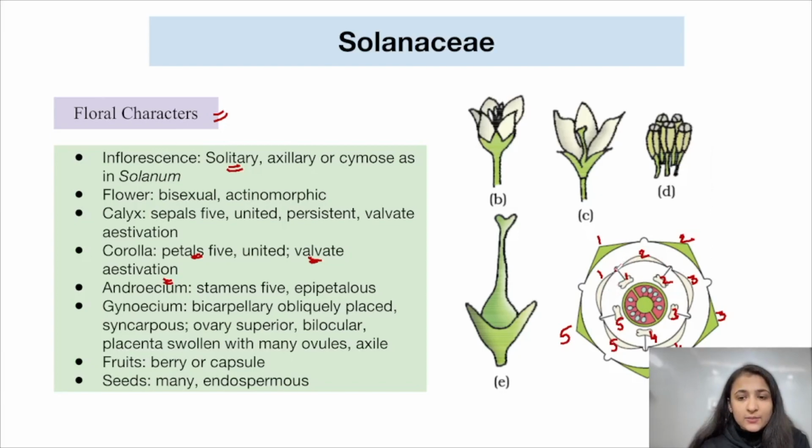So at this point only we have shown stamens also, because we have to show that they are attached to the petals. So here we have drawn all the 5 stamens like this in order to show their attachment to the petals. If they were not attached, we would not have connected these two whorls, because we want to show their fusion. That is why we have drawn this line in order to show the connection of these two whorls. This line we have drawn like this.